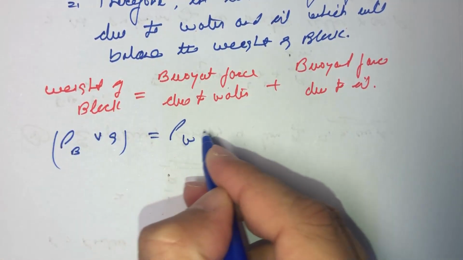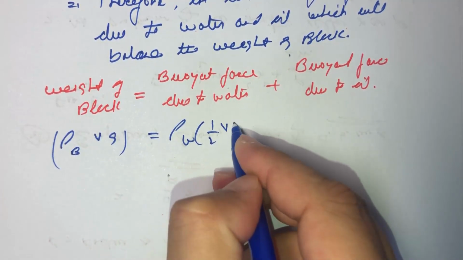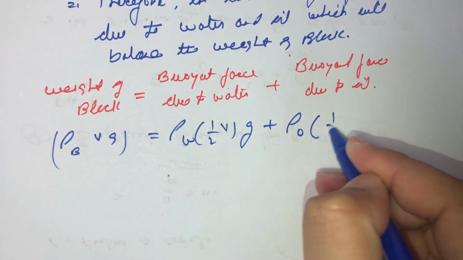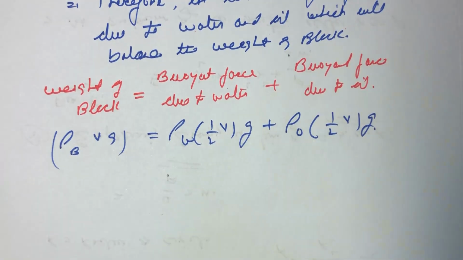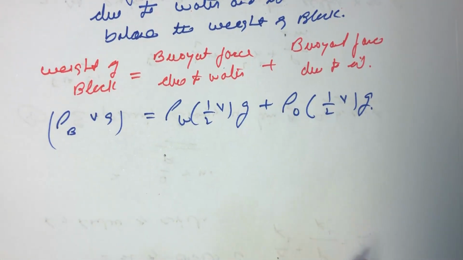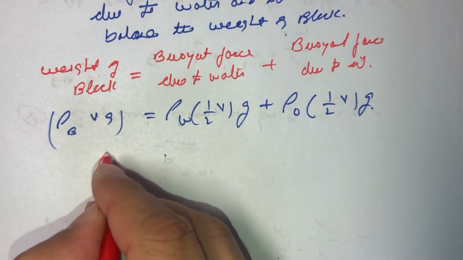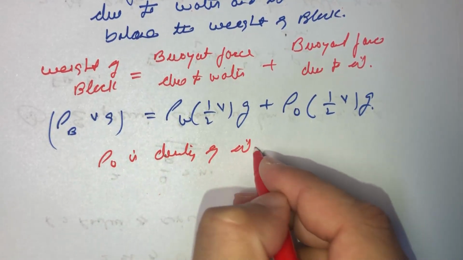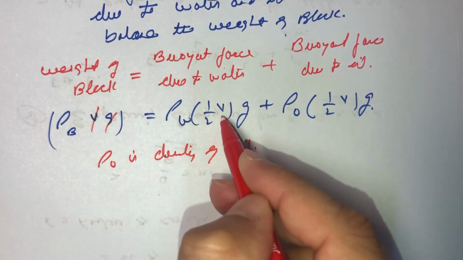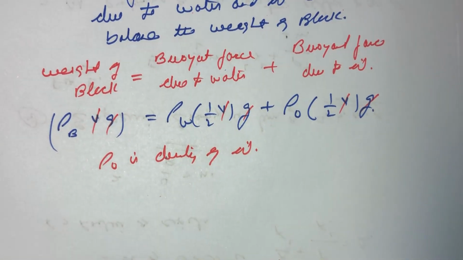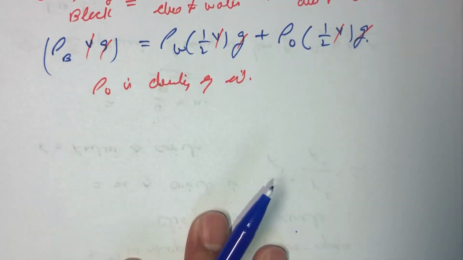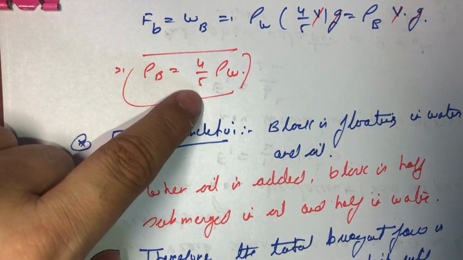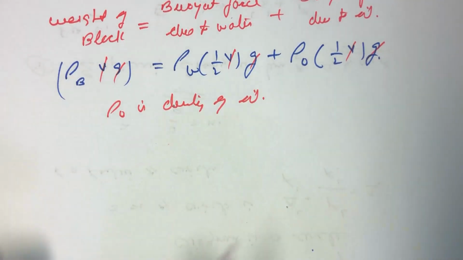This is equal to density of water multiplied by half of the volume times g plus rho o, and this is half V multiplied by g, where rho o is the density of oil. So this Vg cancels out, and we also found out that rho b is equal to 4/5 rho w.